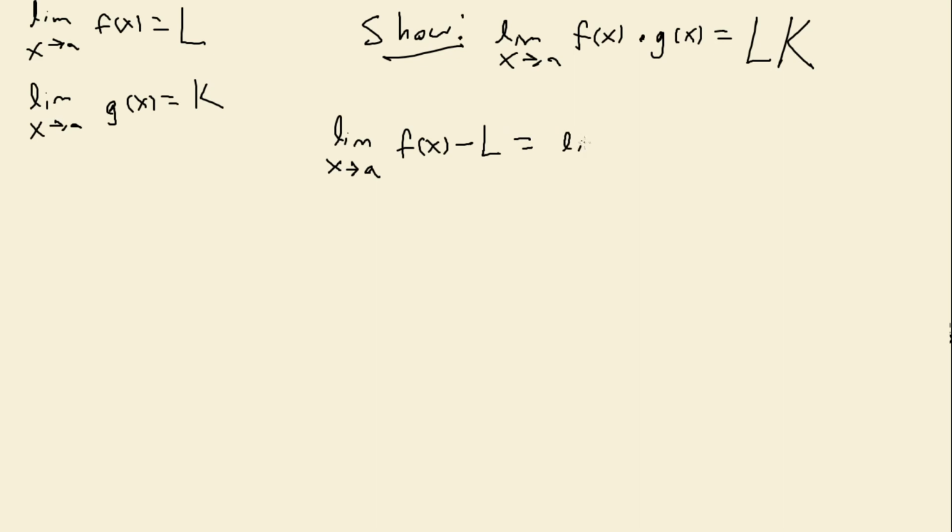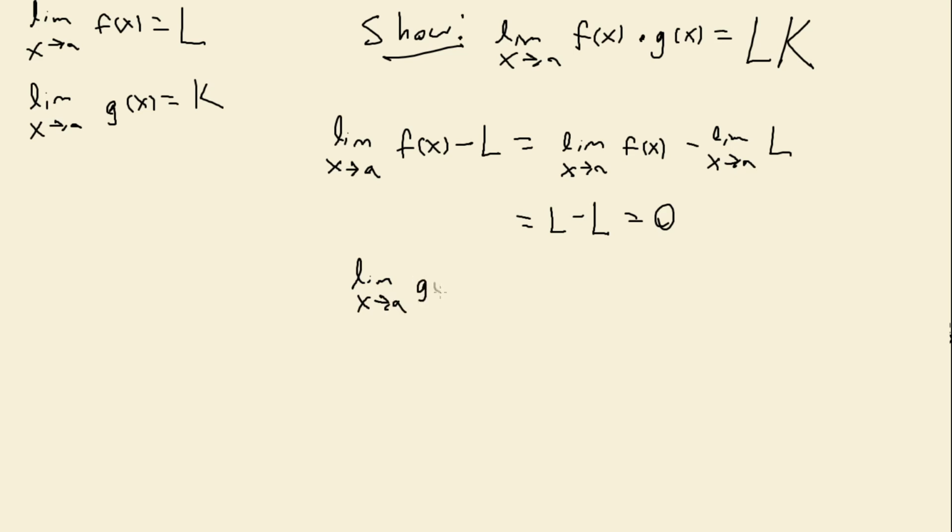So we could say that this is equal to the limit as x approaches a of f of x minus the limit as x approaches a of L. This is just a constant, and the limit of this is L, so this is equal to L minus L, which is equal to 0. So we showed that the limit as x approaches a of f of x minus L is equal to 0. We also know that the limit as x approaches a of g of x minus k will be equal to 0 by the same exact reasoning.